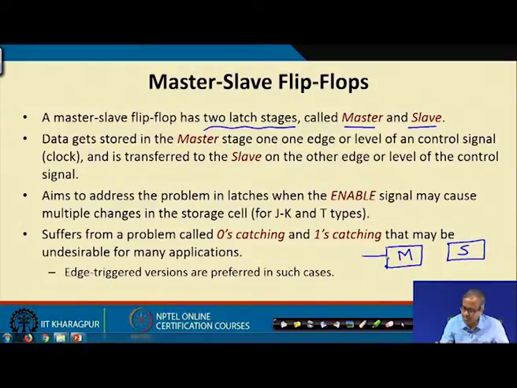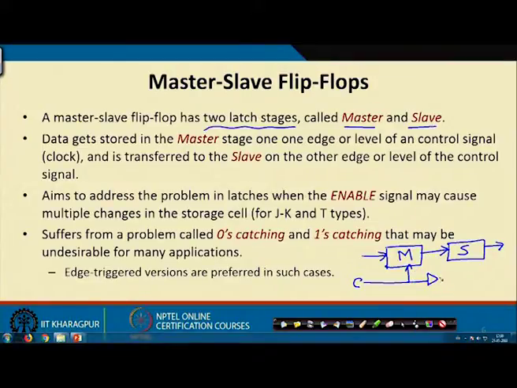The inputs you are applying go to the master latch, the output of the master is going to the input of the slave, and the final output of the slave is your circuit output. And the clock or the enable you are applying enables the master, and the same signal after a NOT enables the slave. This means that you are not enabling both the master and slave at the same time.